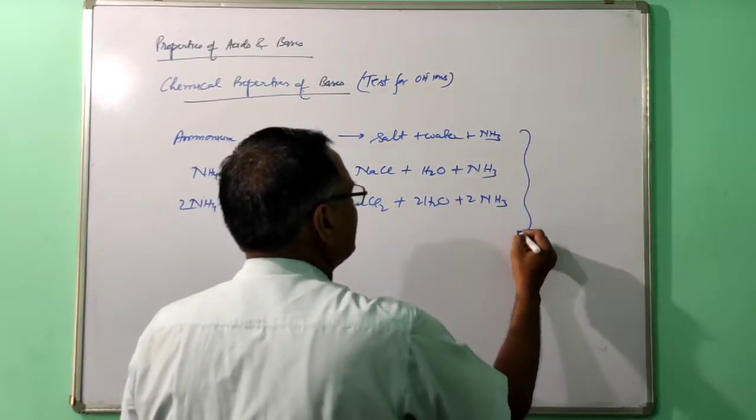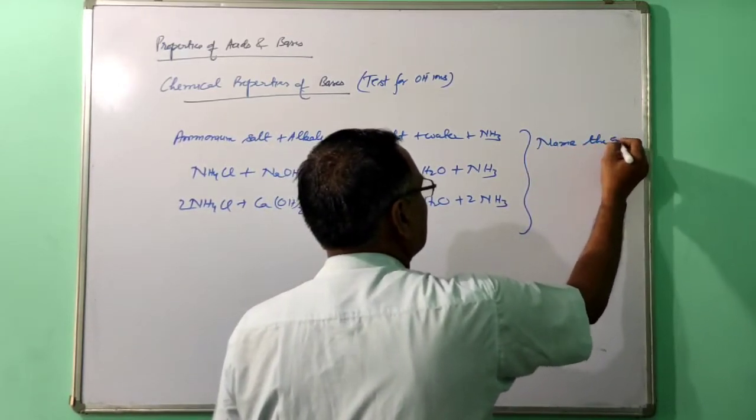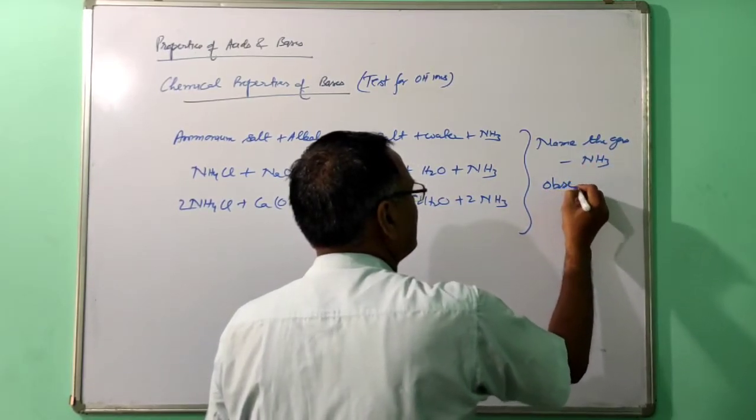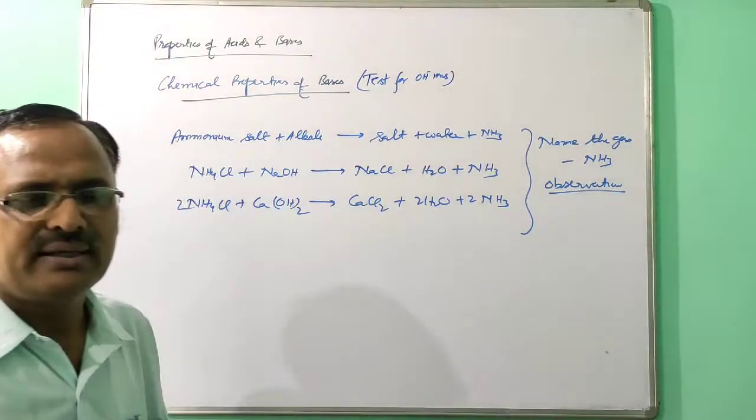In these reactions, name the gas released. The gas is ammonia. Then the observation: a colorless gas is released.